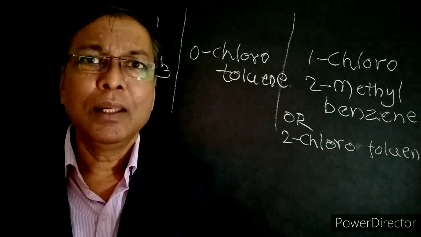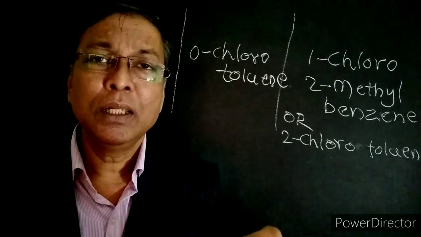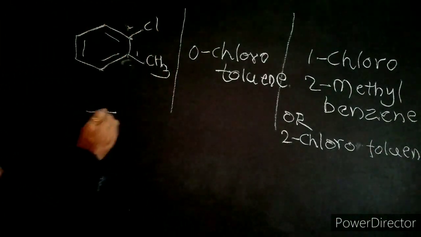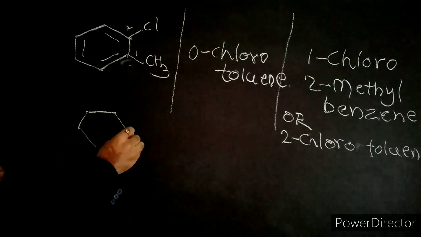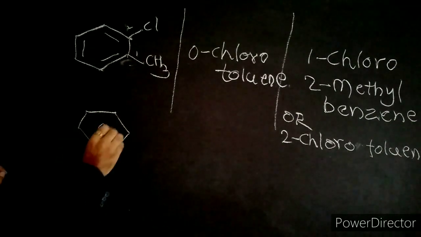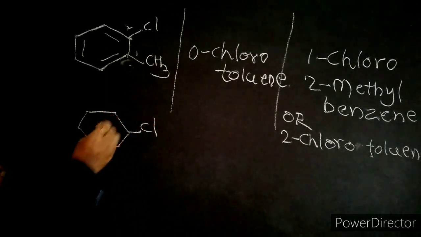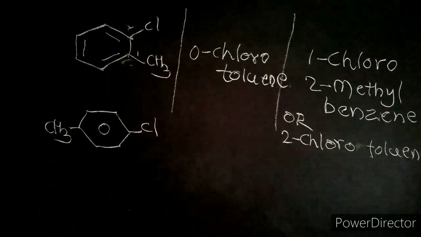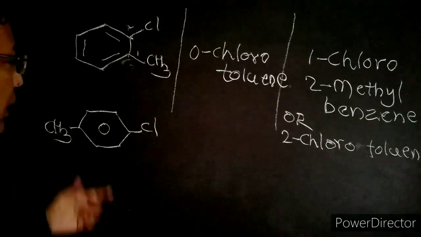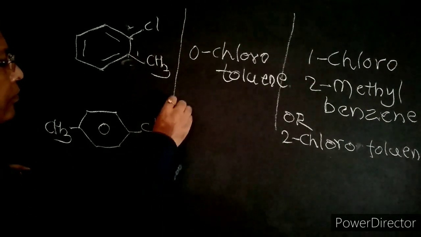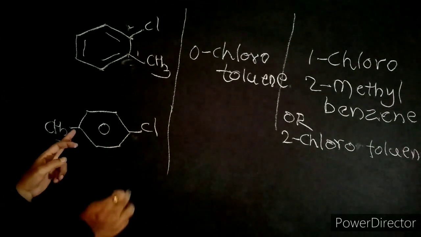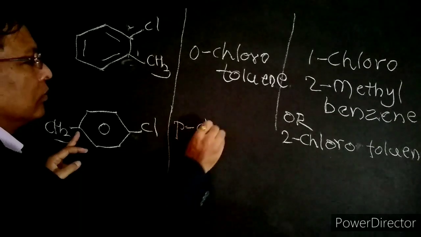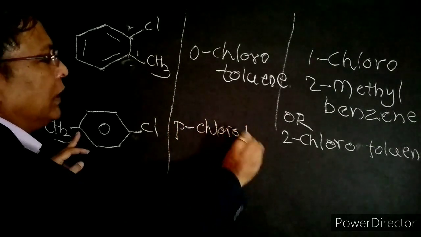in 2017, a question was framed in JEE Advanced like this. Its common name becomes, this is the para position with respect to CH3. Therefore, this is para-chlorotoluene.